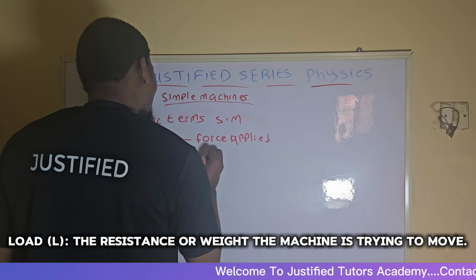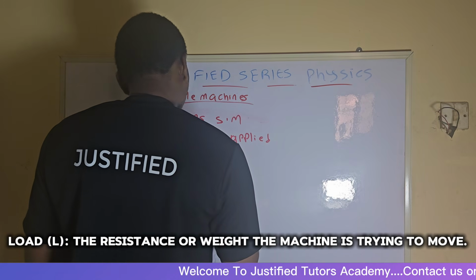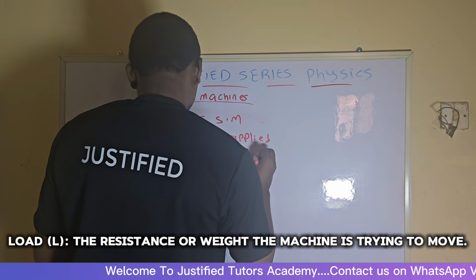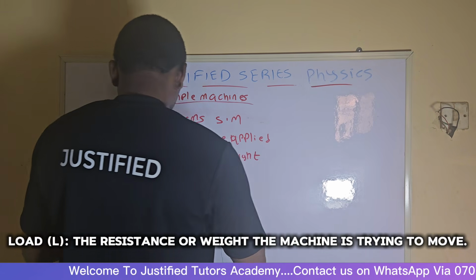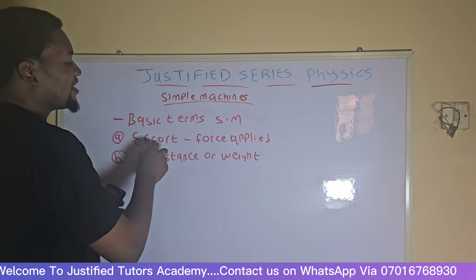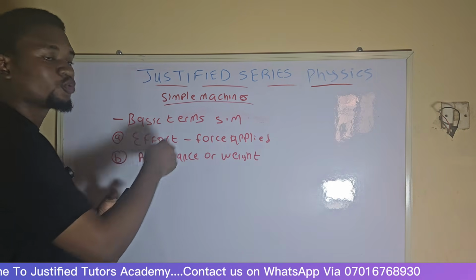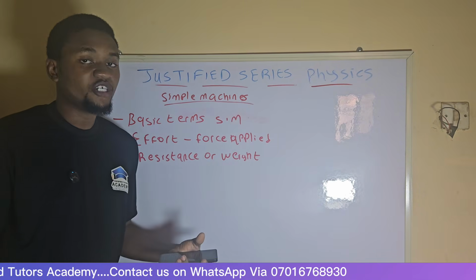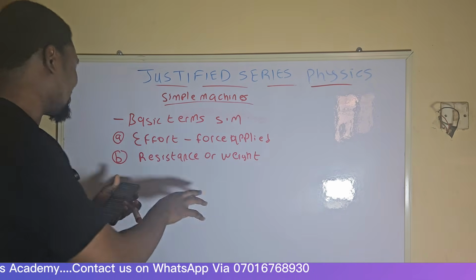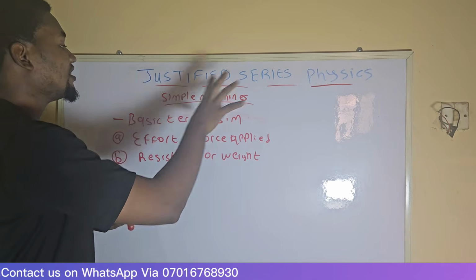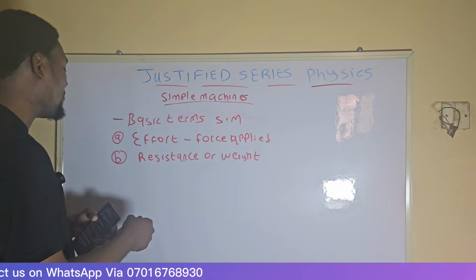Load is the resistance or weight the machine is trying to move. So the machine is applying force to move a particular resistance or weight. These are the two things you need to know very well under simple machines.